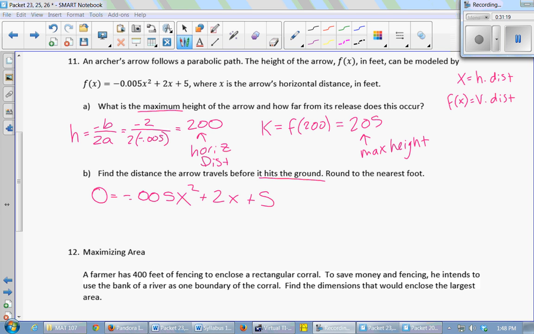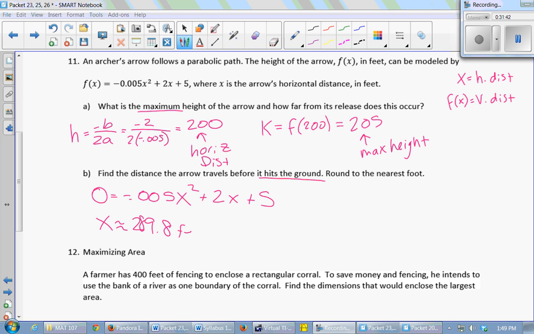Right, because my vertical distance is now 0 because the arrow is on the ground, and I'm going to solve for x, the horizontal distance that the arrow has traveled. Anybody solve it? X is 29 point something. 289.8. Okay.